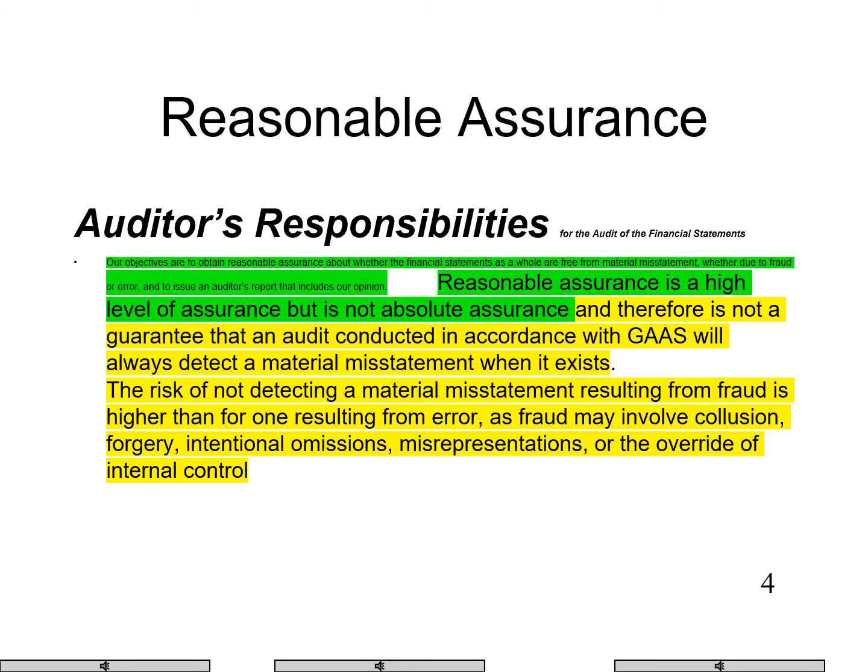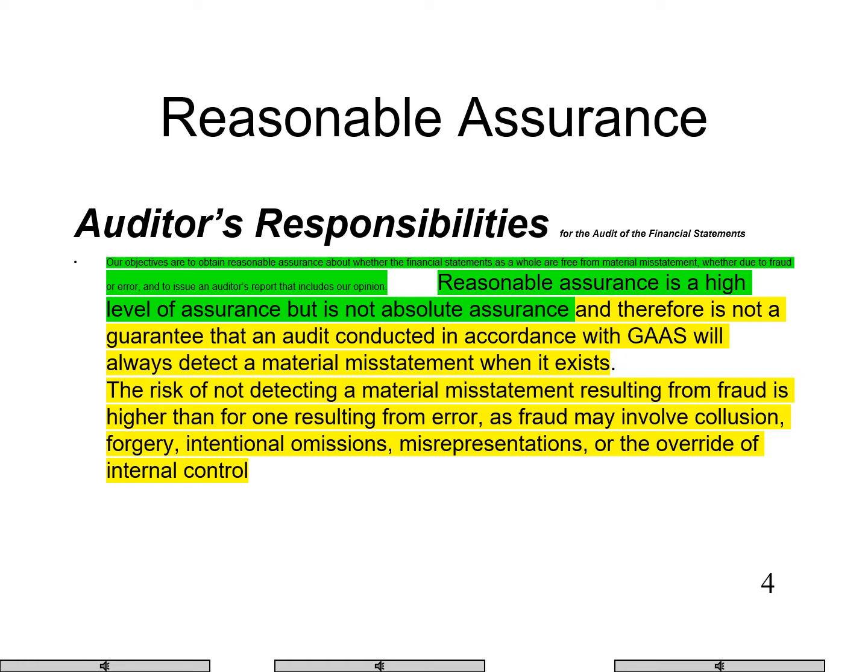Reasonable assurance is another phrase that comes up in the auditor's responsibility section. Reasonable assurance is a high level, but not an absolute level of assurance. That's what we've got to learn. Therefore, it's not a guarantee that the audit will detect all material misstatements every time.